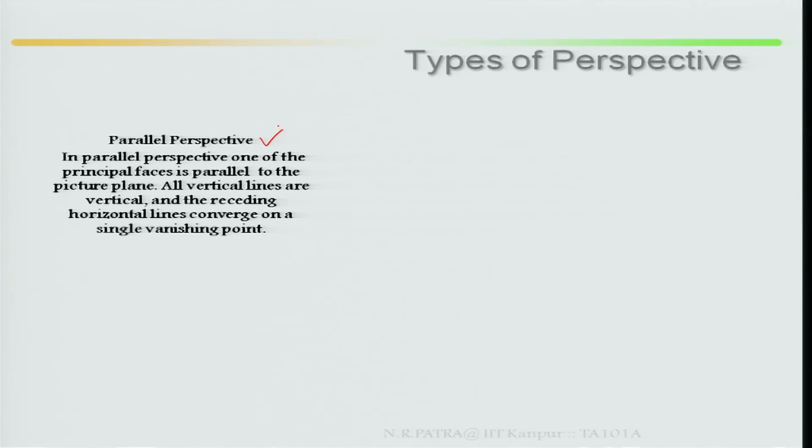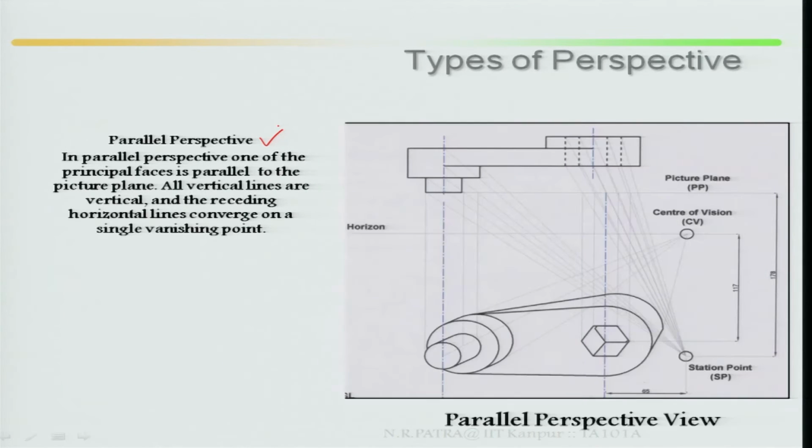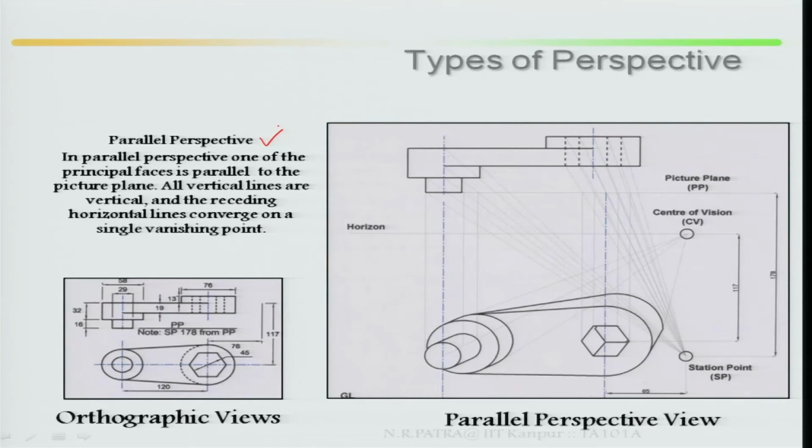All vertical lines are vertical and the receding horizontal lines converge on a single vanishing point. This is your parallel perspective. That means one of the principal faces is parallel to your picture plane.